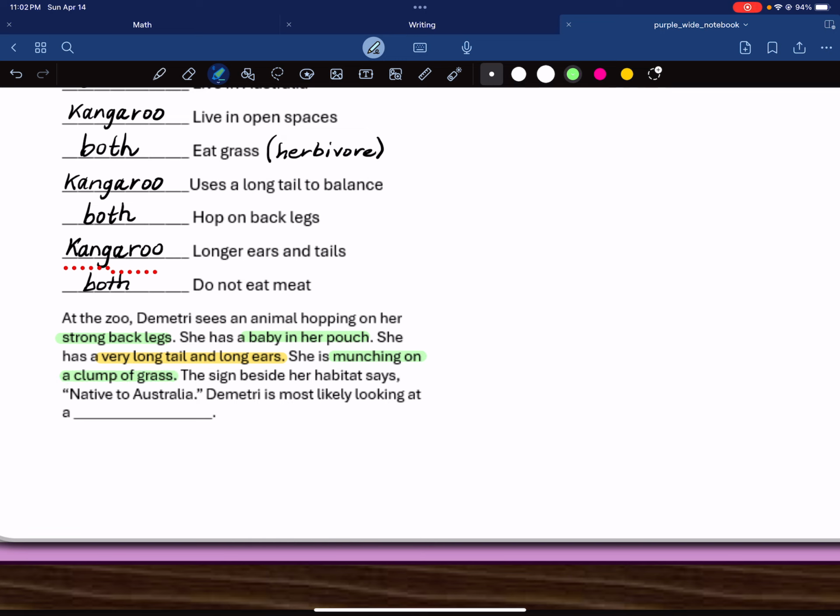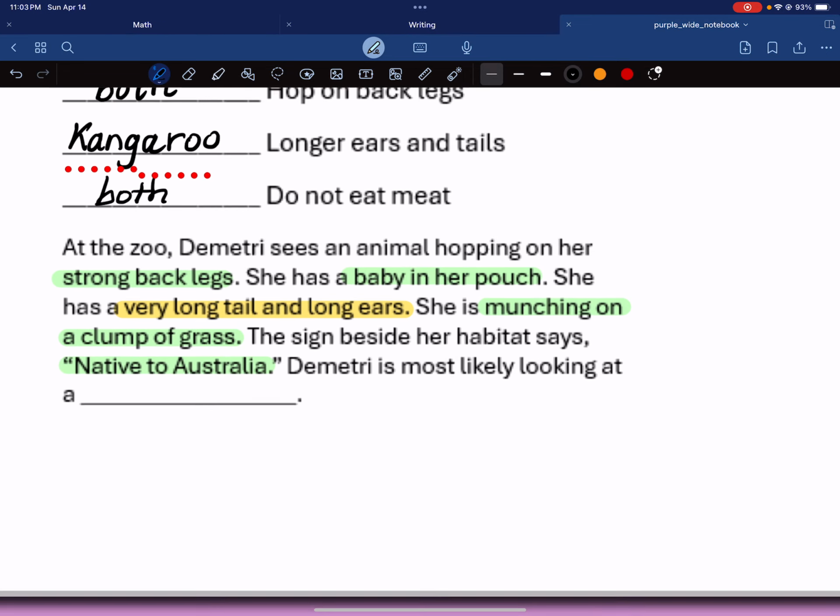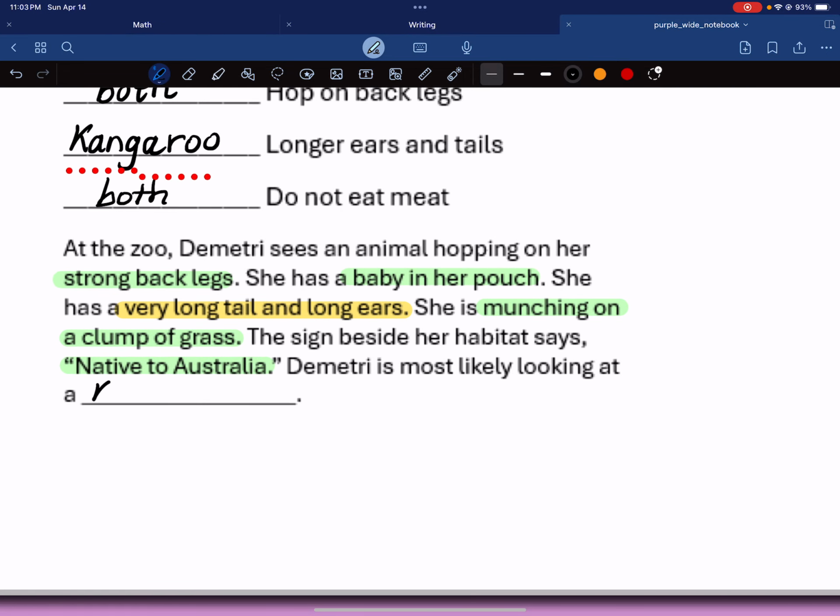The sign beside her habitat says native or indigenous to Australia. Dimitri is most likely looking at a blank. Would it be a kangaroo or a wallaby? It's that yellow phrase that helps me. A very long tail and long ears. That is most likely a kangaroo.